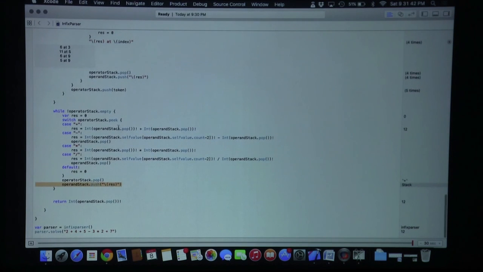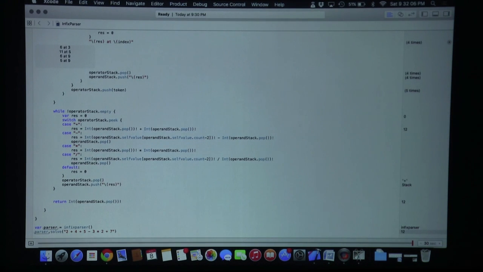Once we're completely done with that, the only value left inside of the operand stack will be the final answer, and so we can just return the int typecasted force unwrapped version of operand stack.pop. That's how that works.